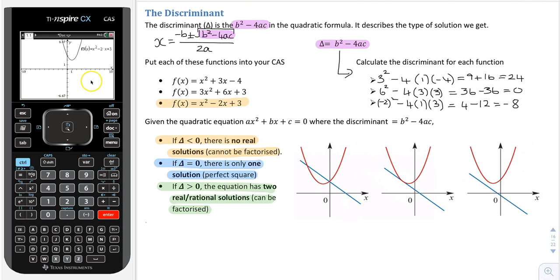So in summary of that, what we have is 3 scenarios where we have no solutions in the third equation, one solution in the second equation, and in the first equation, we have 2 solutions. By solutions, we mean how many times they touch, in this particular case, the x-axis. In not all cases are we talking about the x-axis.